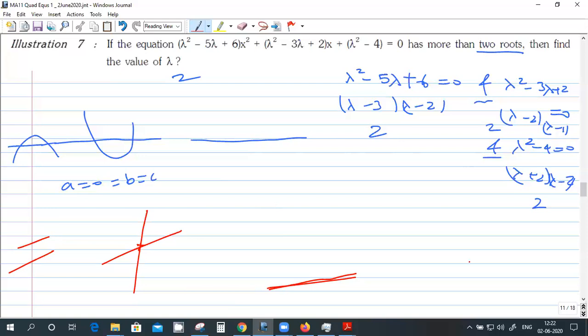So it will be like y equal to 2x plus 3, and the second line will be 2y equal to 4x plus 6. Is it right? These two equations are similar. Okay. So here infinite solutions are possible. So similar logic here. Quadratic equation has got more than two roots, means the coefficients a, b, c will simultaneously be 0.